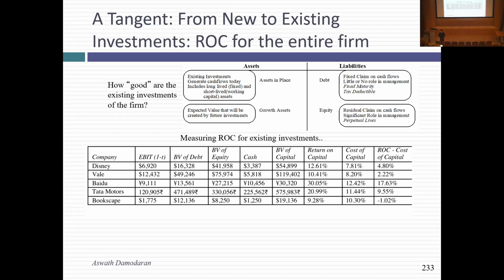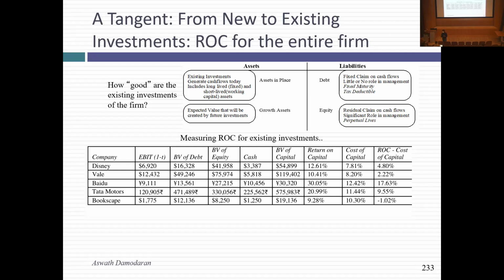It's kind of a fundamental question you want to ask about any company, right? Because before you become ambitious about the future, you want to ask, are they taking good projects right now? Is a typical McDonald's restaurant earning a 35% return or a 6% return? So return on invested capital is an attempt to measure the quality of existing investments.